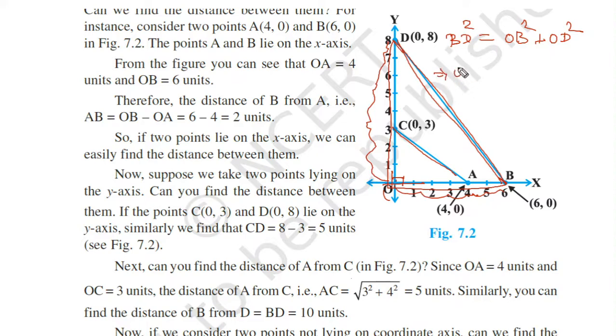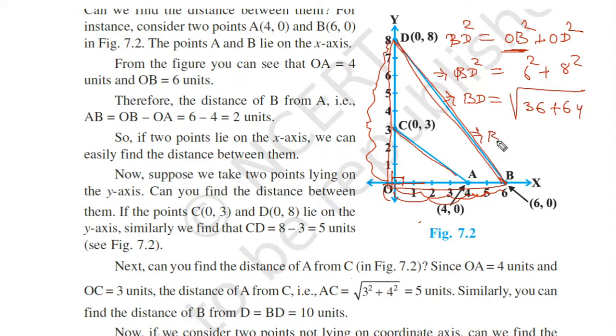Now this implies BD square equal to, you know the length of OB is 6 square, plus OD, you can see, is 8 square. Now this implies BD will be equal to root over of 6 square is 36 plus 8 square is 64. 36 plus 64 is 100, root over of 100, which is equal to 10.